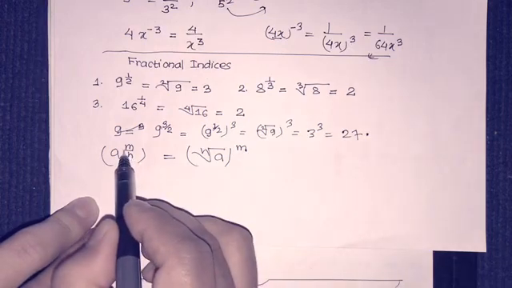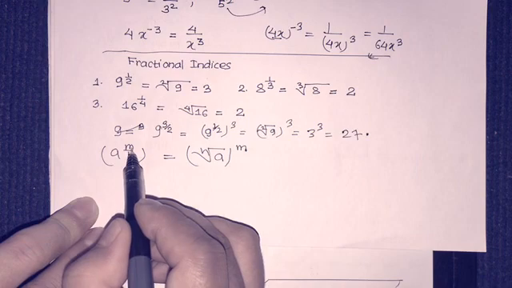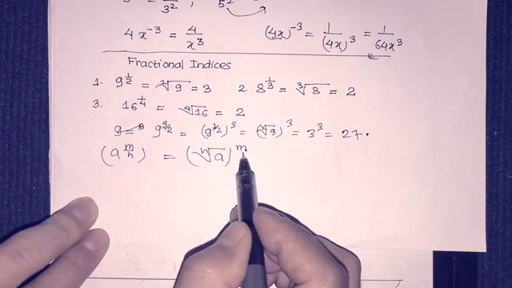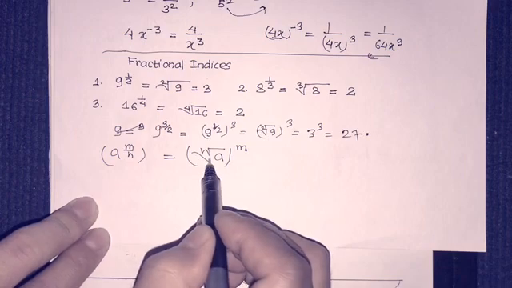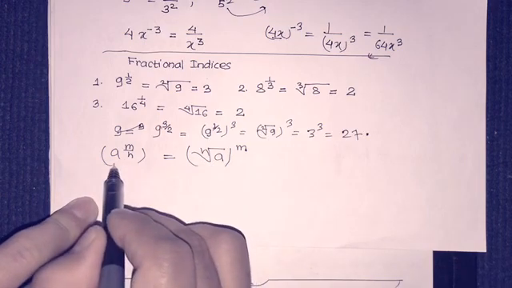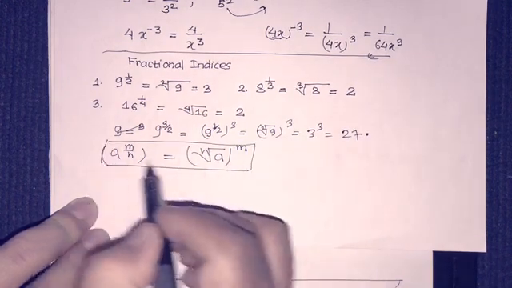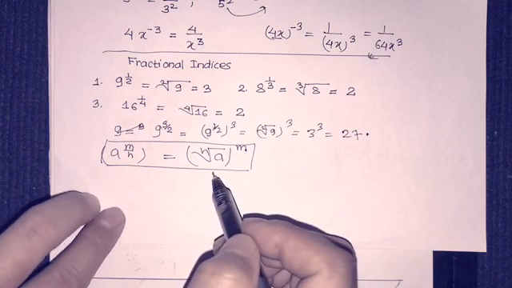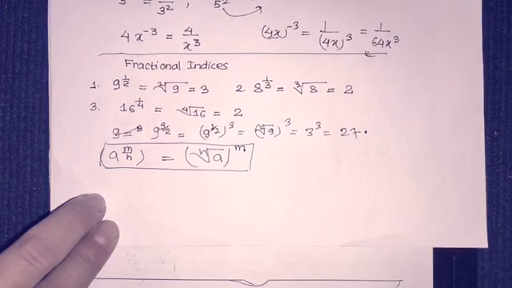So the power on the top, okay, that means the numerator makes it higher, makes it bigger, and the root on the bottom, okay, this n makes it smaller. So this is the fractional law of indices. So these are the 6 laws of indices you need to know, and you can solve the problems in the exercise.